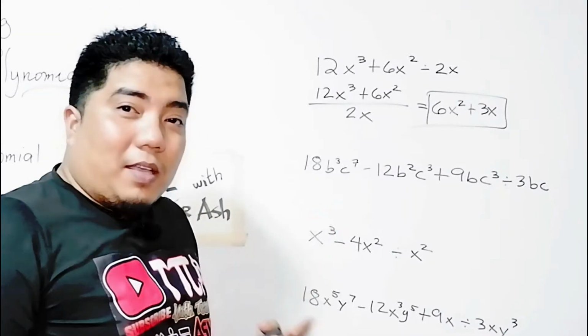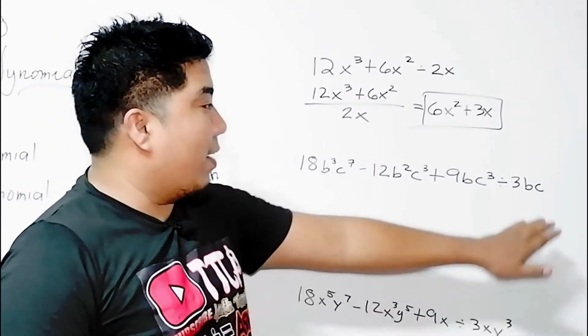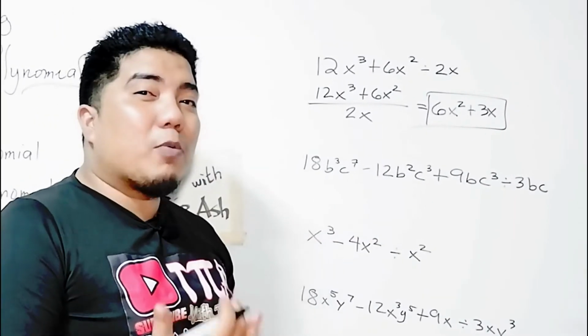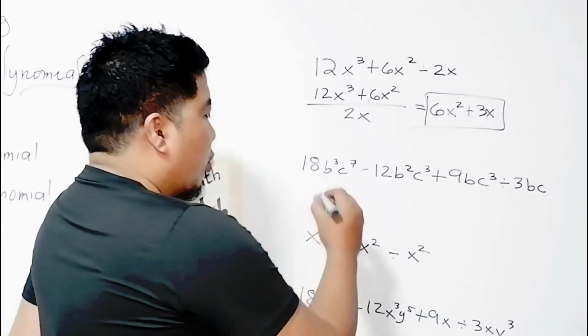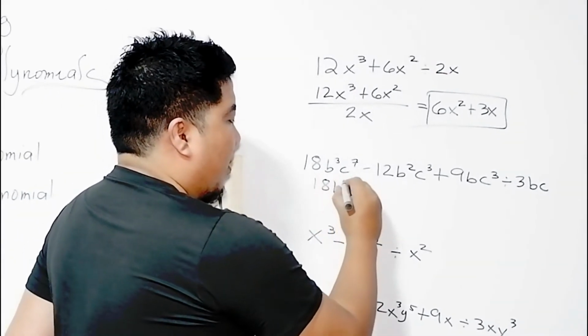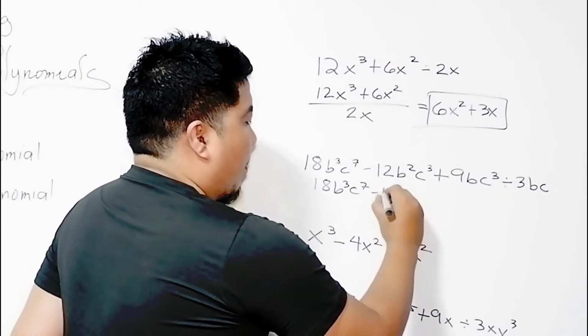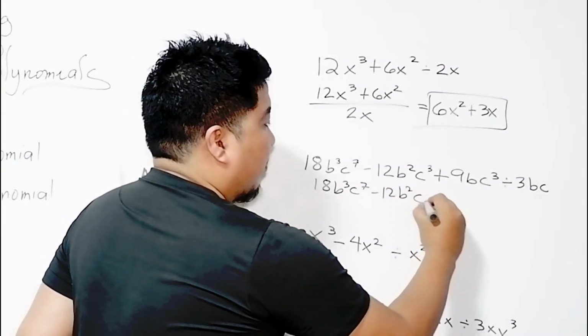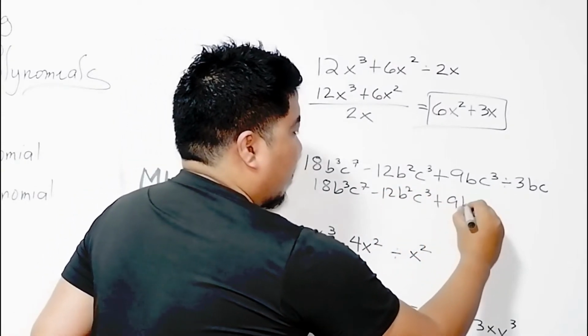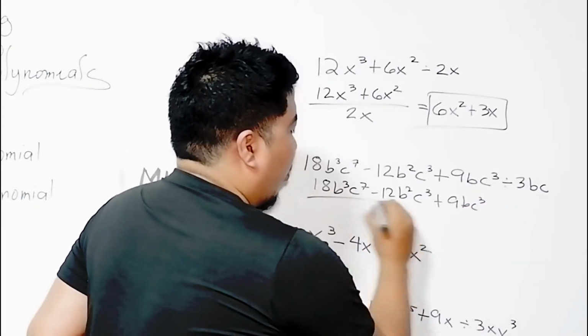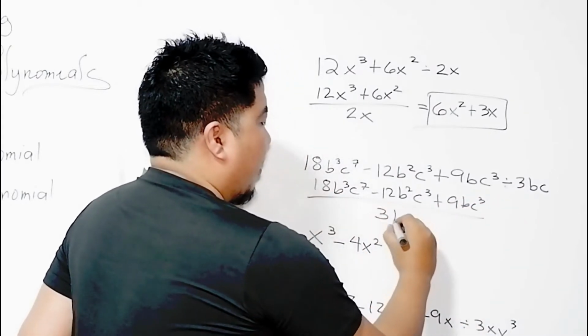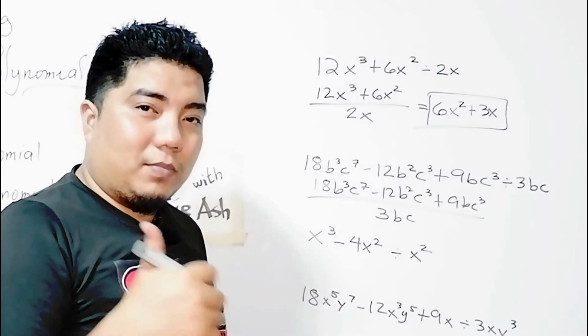Now, this is quite challenging somehow because we have 2 variables. But the same concept is still applied. So, I will write first my dividend over 3bc. Okay?